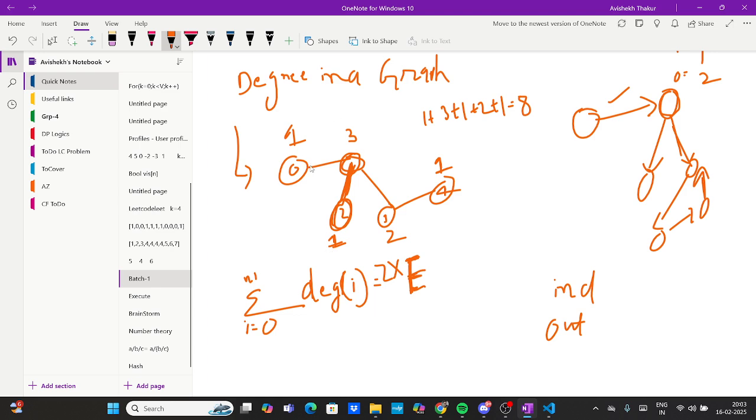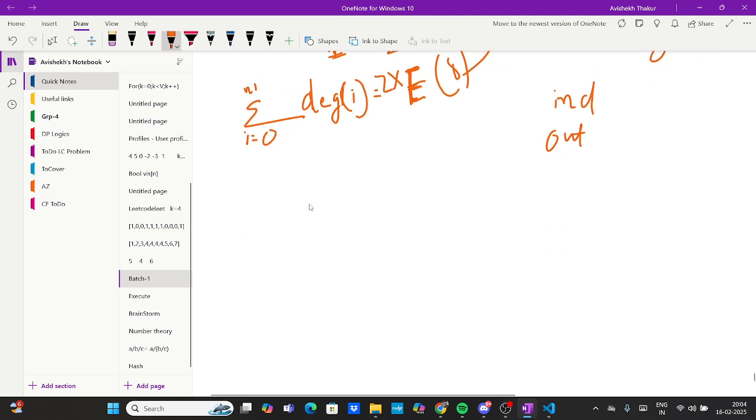Now this edge, there is 1, this is 2, this is 3, this is 4, and each edge will be counted twice because of two nodes, correct? So 2 into E, that is 8, and this 8 is the same, right? Got it? Okay.